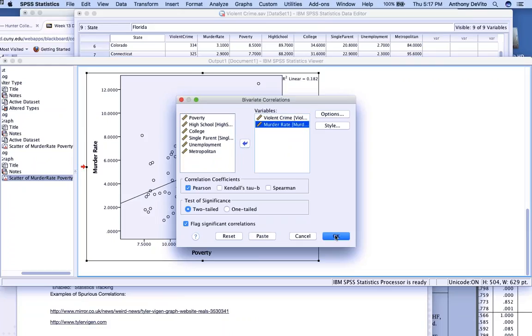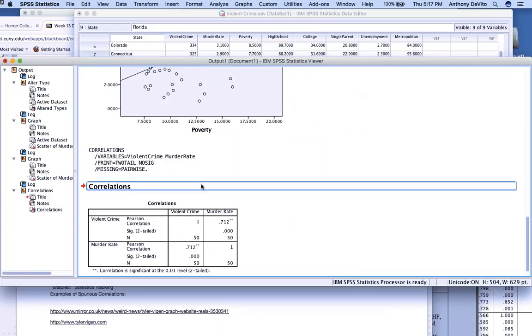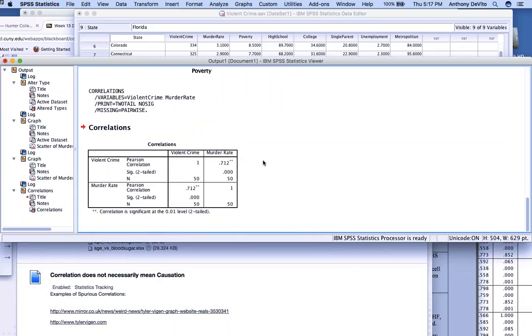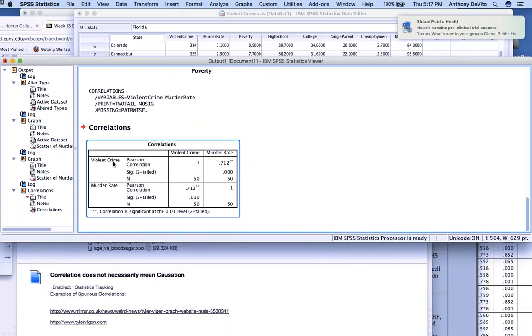I'm going to click OK. And notice Pearson was clicked there. This is a Pearson's correlation. The value of Pearson's correlation is called R. The value of Pearson's correlation is 0.712.